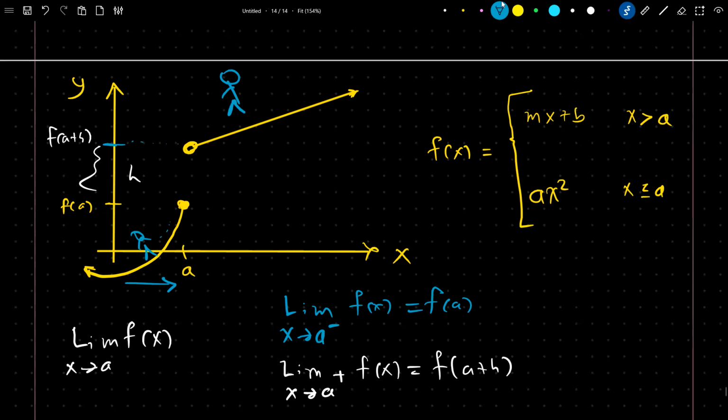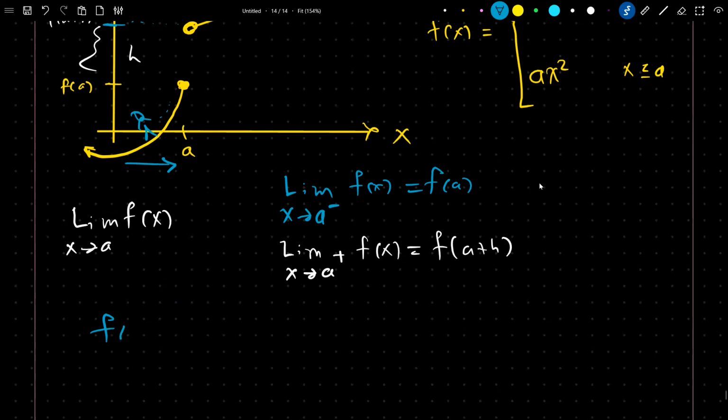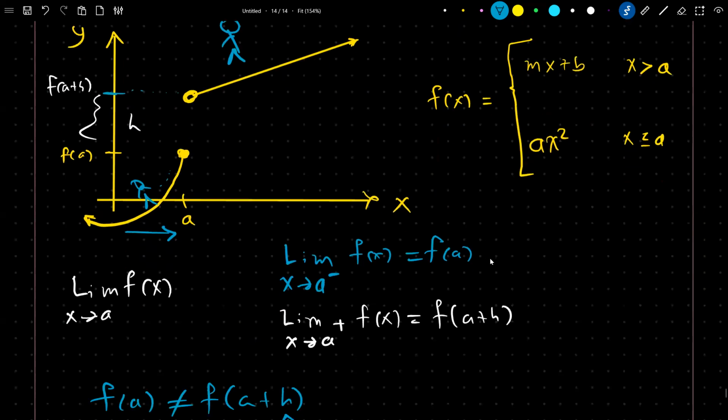All right, and so what we can see here is that these two things are not equal. f of a is not equal to f of a plus h, because it's h units away, h being a positive value. So they're not equal.